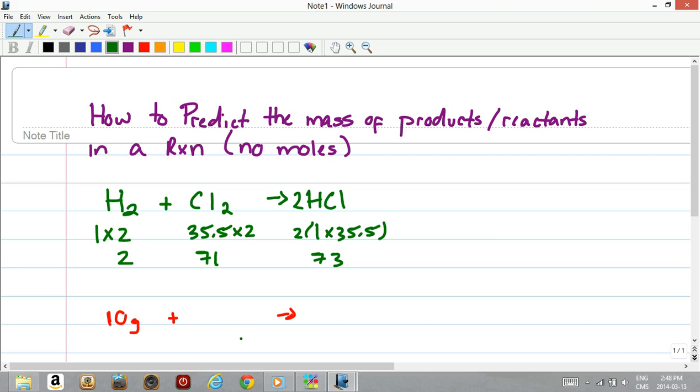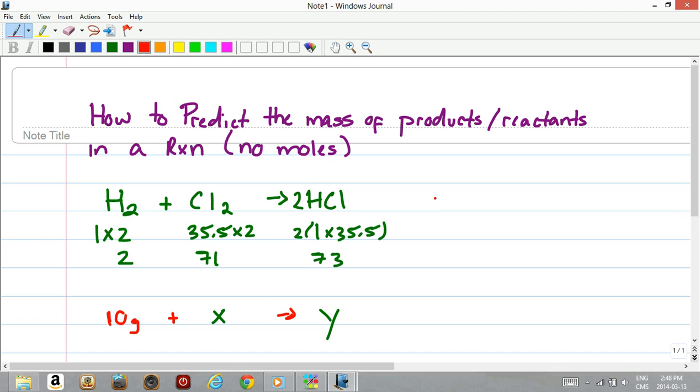We could use this to predict the amount of chlorine required if we had an excess amount of chlorine and it reacted with 10 grams of hydrogen. So how much chlorine would we need? I'm going to call that X. And how much hydrogen chloride would we get? Call that Y. So what we need to figure out is, what is our ratio?